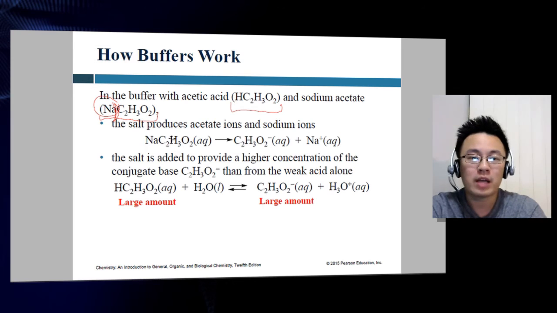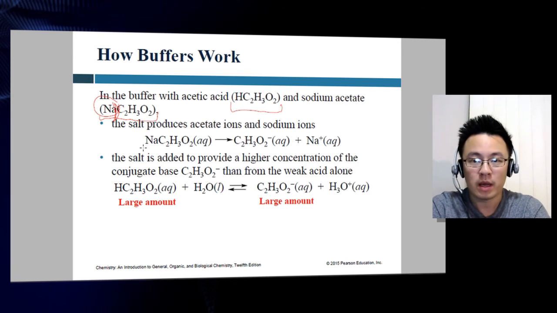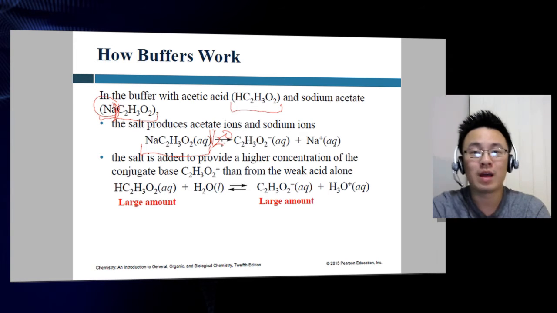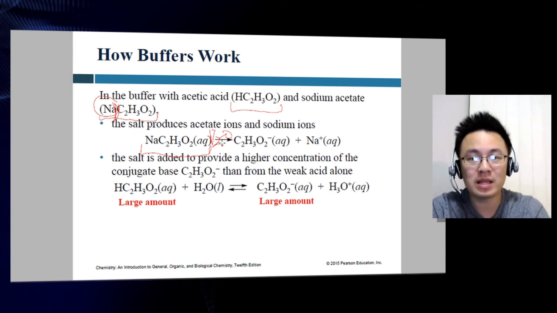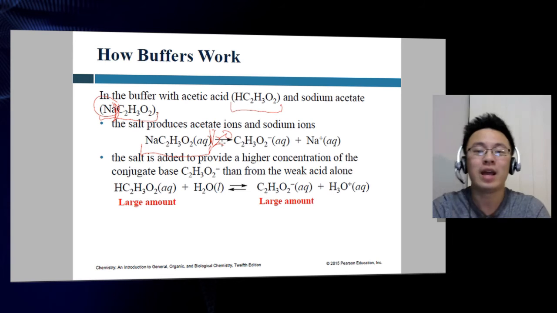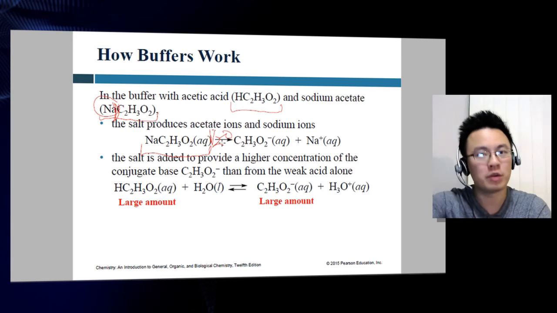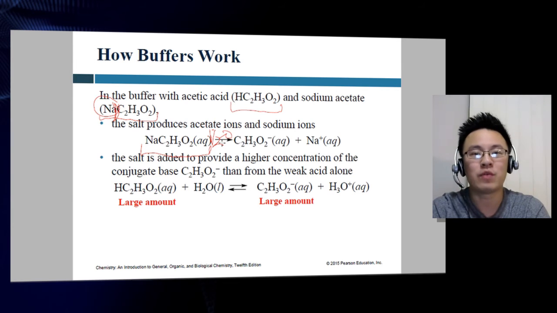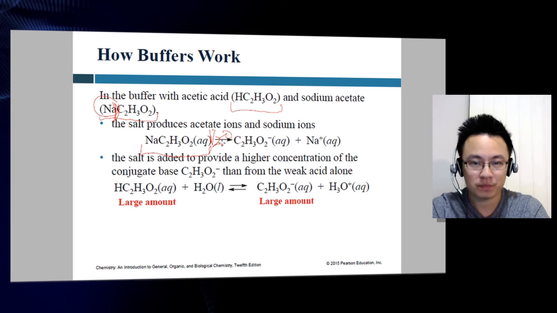Now the salt, okay, so we have here sodium acetate, and it's dissolved in aqueous solution. When it is dissolved in water, that water gets in between the ionic interaction between the acetate and the sodium ion, and it slices them apart, and that sodium ion drops out, therefore releasing that acetate ion into the solution.